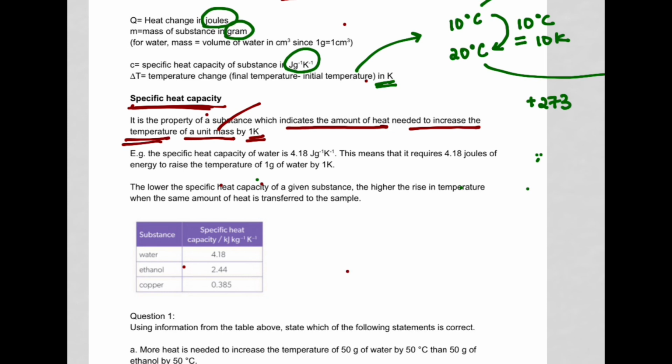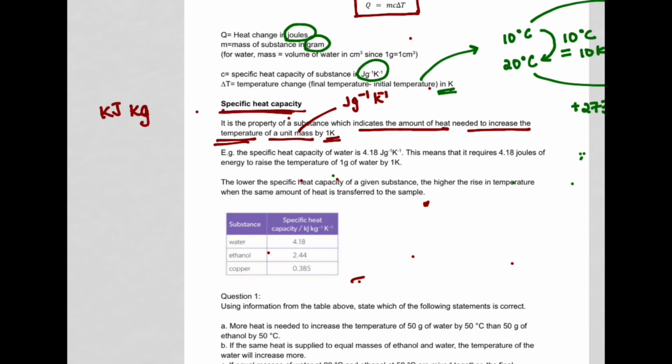If we are using specific heat capacity in joule per gram per Kelvin, then it's the amount of heat required to increase the temperature of 1 gram of substance by 1 Kelvin. If you're looking at the unit of specific heat capacity in joule per kilogram per Kelvin, then it is the amount of heat required to raise the temperature of 1 kilogram of substance by 1 Kelvin. So you have to be careful about the units.